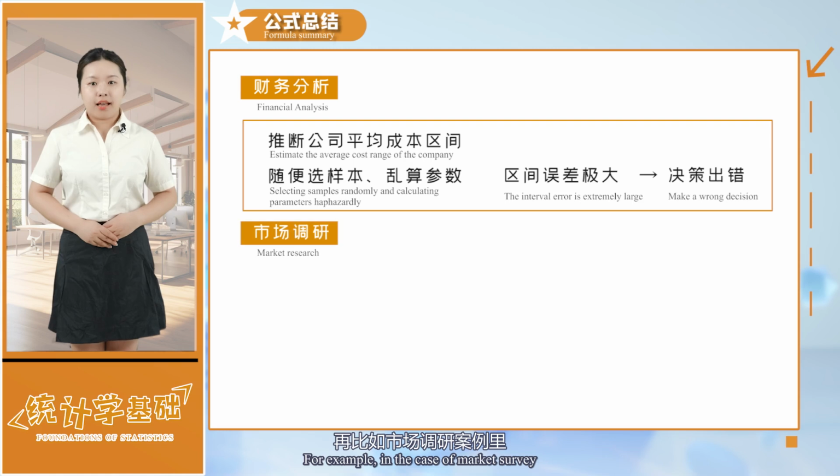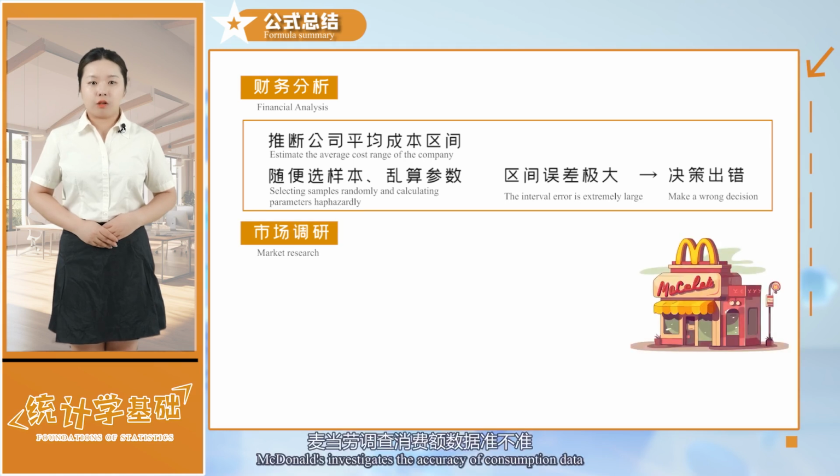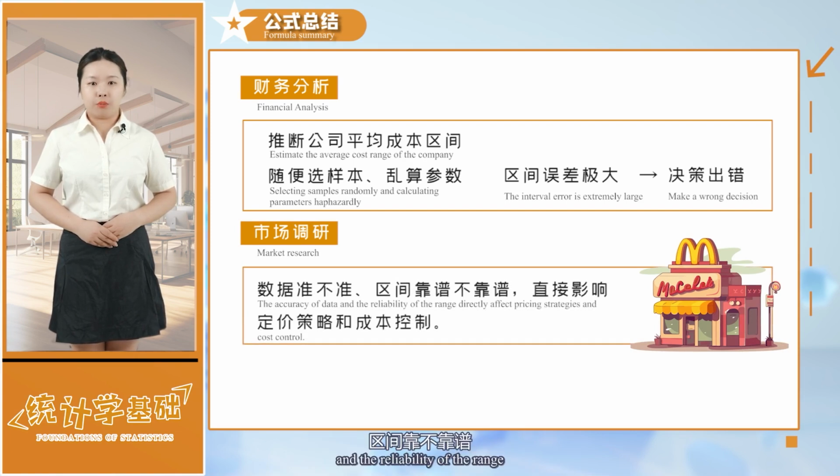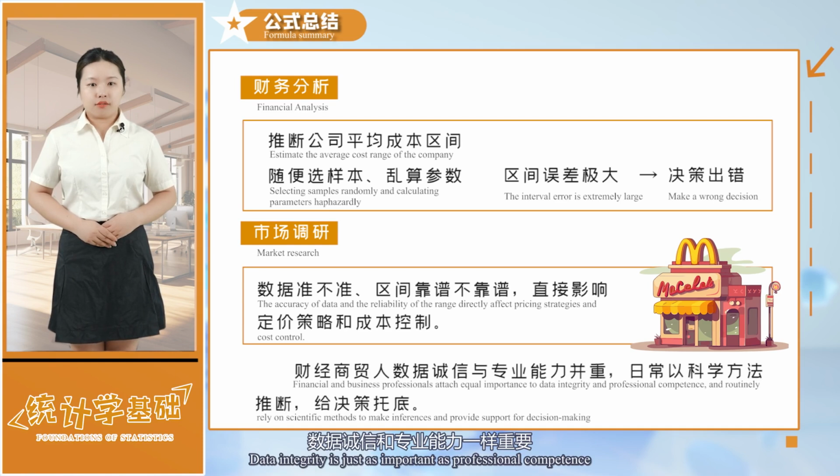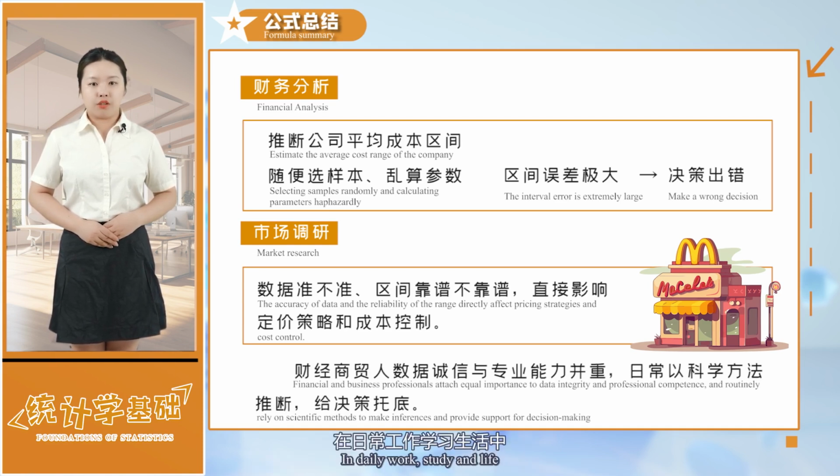In the market survey case, the accuracy of McDonald's consumption data and the reliability of the range directly affect pricing strategies and cost control. Remember that, as a financial professional, data integrity is just as important as professional competence. In daily work, study, and life, we must adhere to scientific methods in making inferences to provide support for decision-making. That is the real skill.